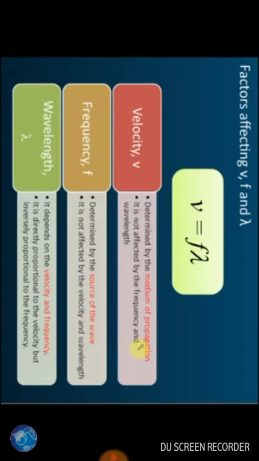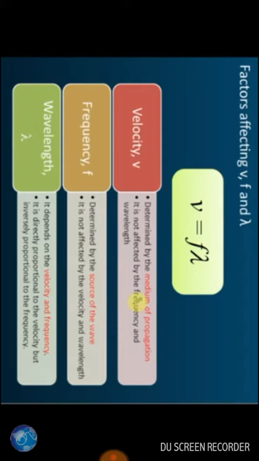A sound wave travels fastest in solid and slowest in gas. So the medium affects the speed, but it is not affected by the frequency or the wavelength. You cannot say I increase the frequency, so I increase the speed. Cannot. Only the medium of propagation can change the speed.